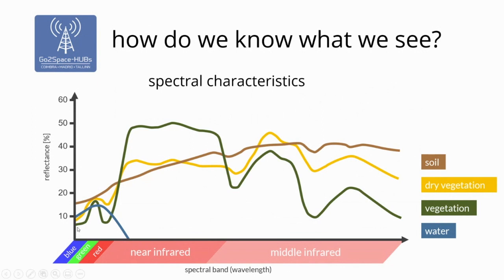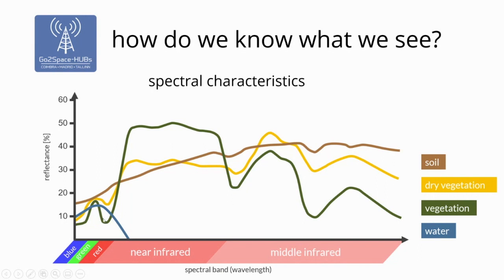Like here, for example, let's look closely at this green drawing. That's vegetation. That's the spectral characteristic of vegetation. Let's start here. This is the visible part of the spectrum. We can see in blue, in green, and in red.